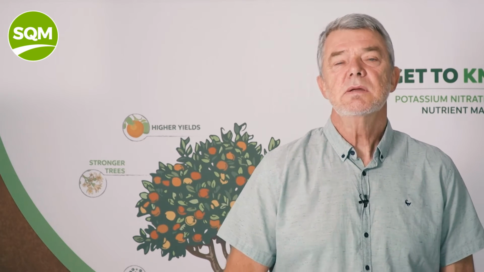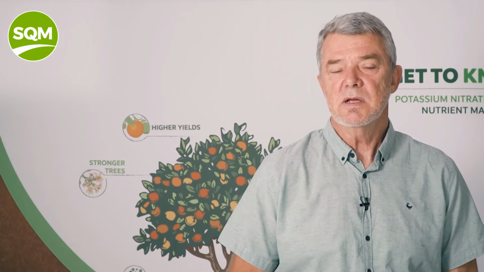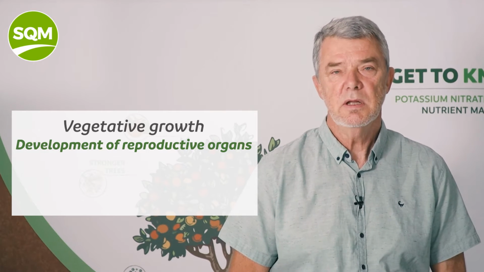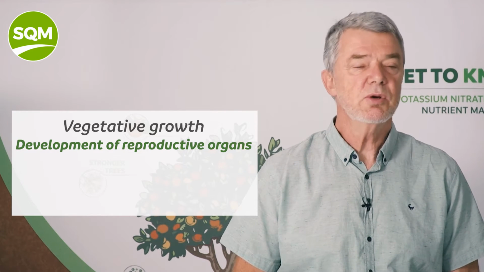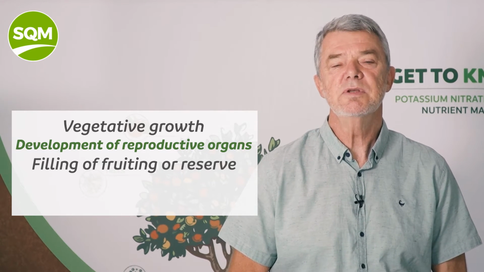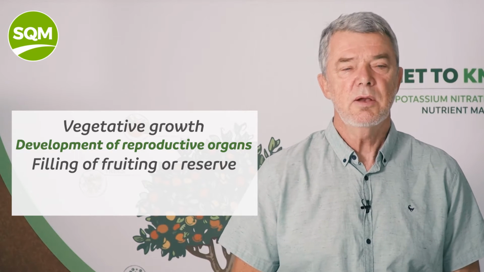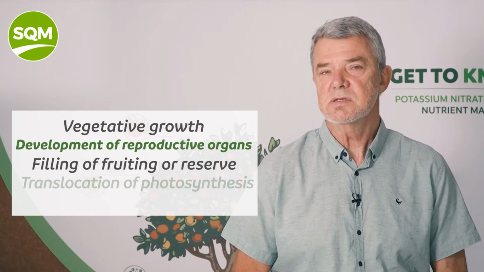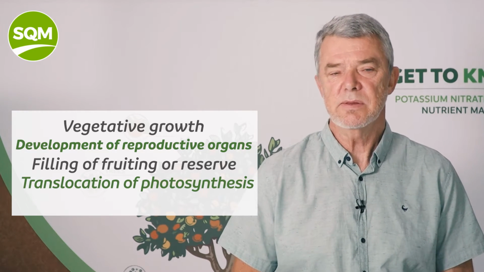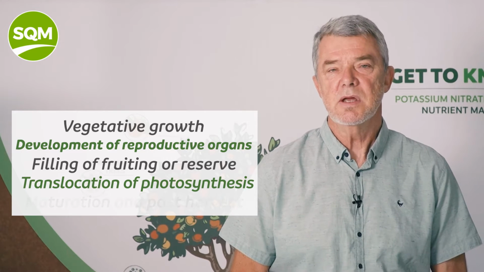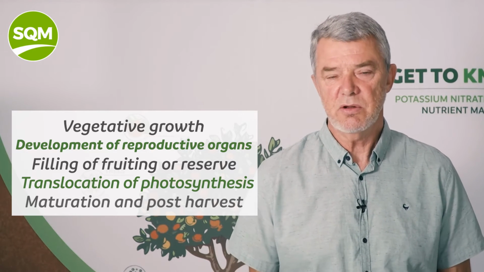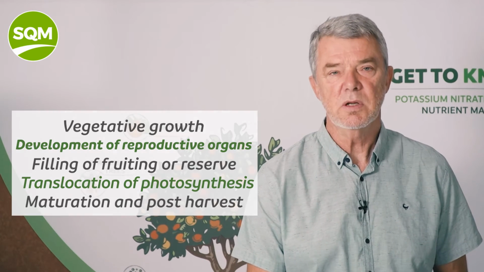The balance definitely affects vegetative growth. It affects the development of reproductive organs, that's the flowers. The ratio also affects the filling of fruiting and reserve organs, influences the translocation of photosynthates, and has an effect on the maturation of the fruit and the post-harvest fruit quality.